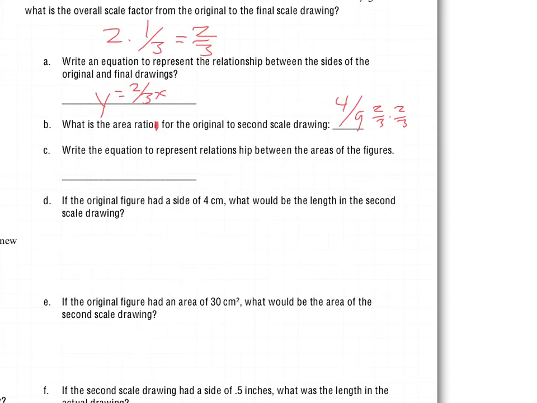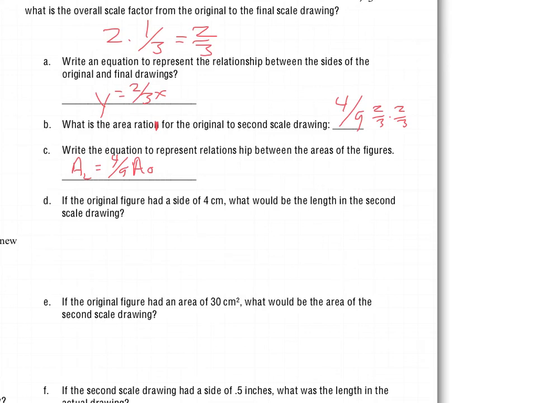Write an equation to represent the ratio of the areas. If I want to deal with the areas, I need to use the area ratio: A2 is equal to 4/9 times the original area. The original figure had a side of 4 centimeters. What would be the length of the scale drawing?